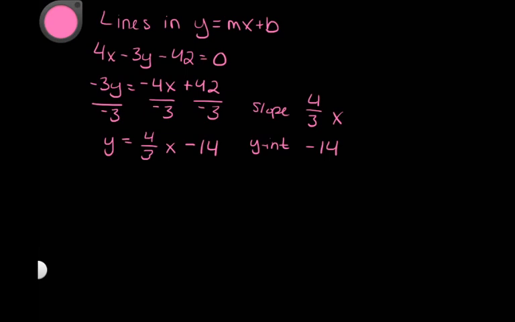So I will clear what we've done here. Let's change our color too. Okay, so I'm going to rewrite this. We have 2x plus 5y minus 10 equals 0.